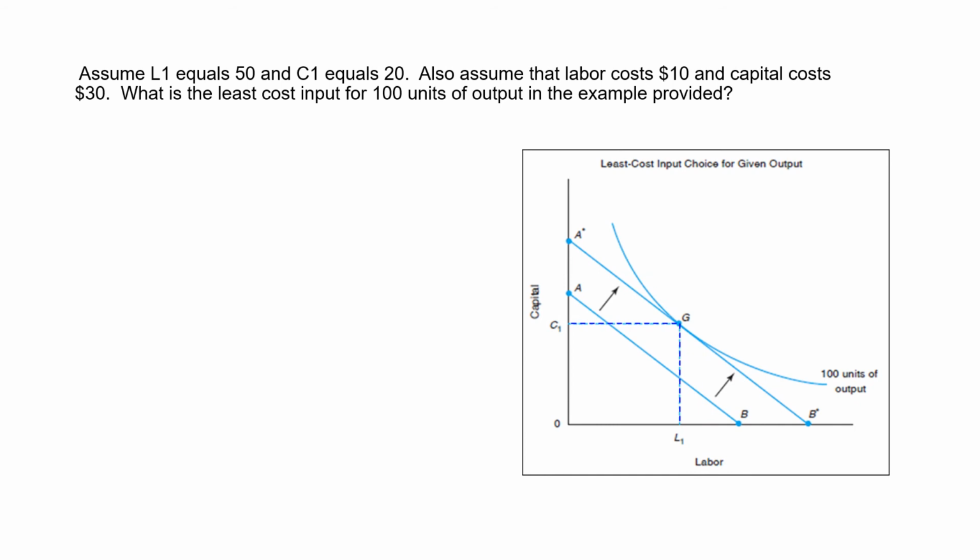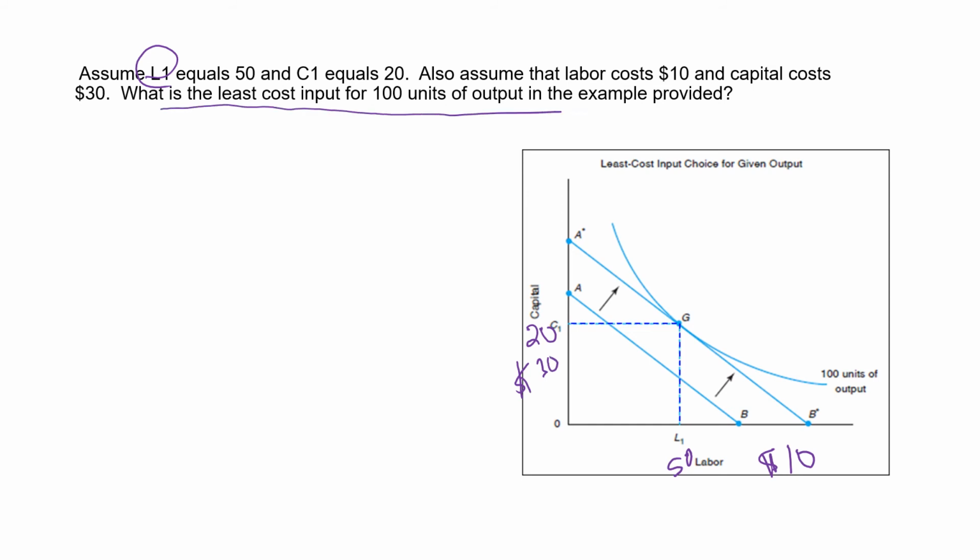For example, if we assign some values here, let's say labor 1 equals 50 units and capital 1 equals 20 units, and we know that labor costs $10 per unit and capital costs $30 per unit.